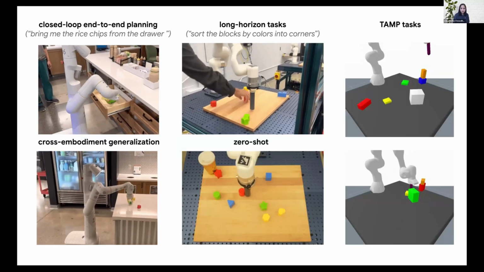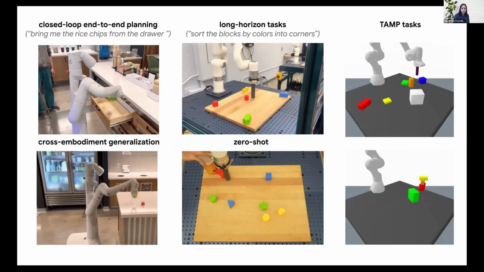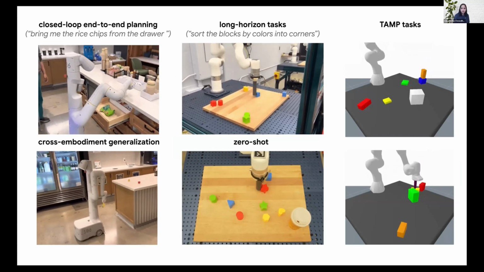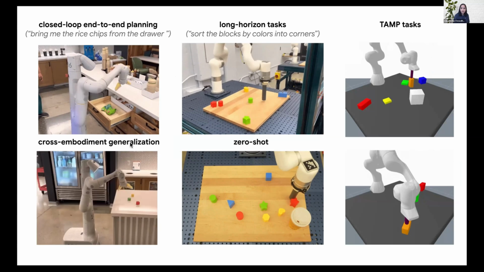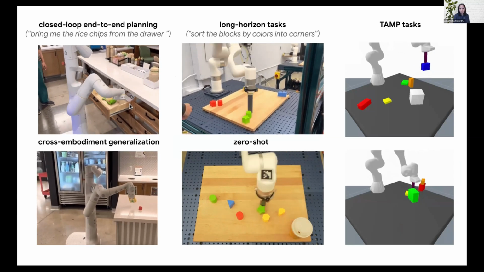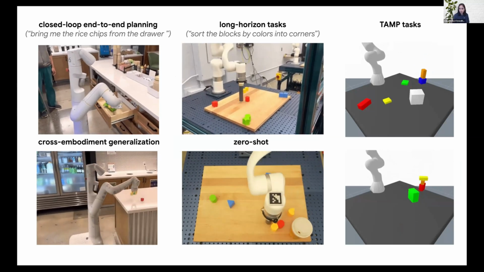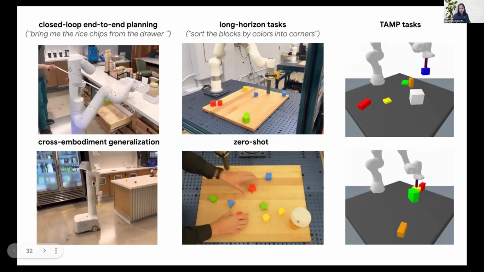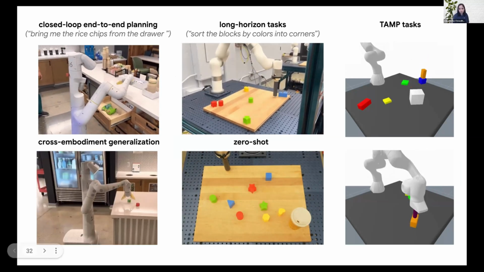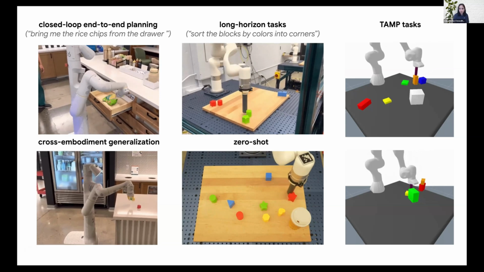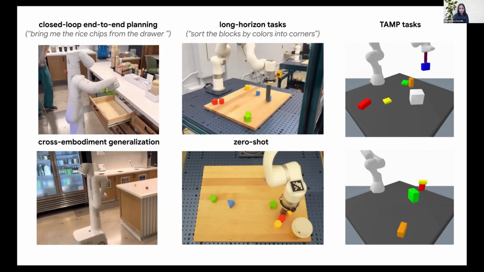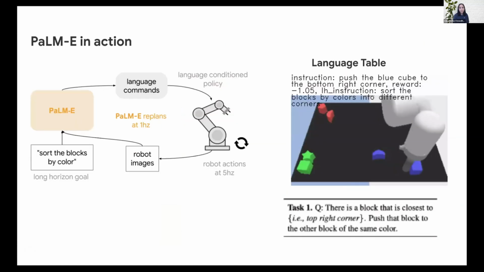The results of training this model showed that we could get a single checkpoint that can generalize across several environments and get promising results in closed loop end-to-end planning or even long horizon tasks. A single checkpoint could generalize across many of these different environments and even show promising results on the zero-shot setting for these tasks.